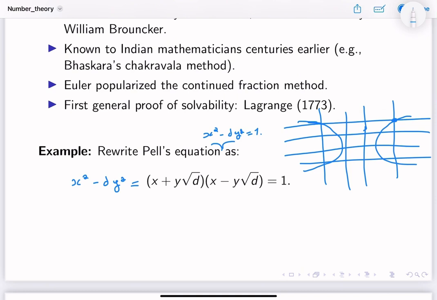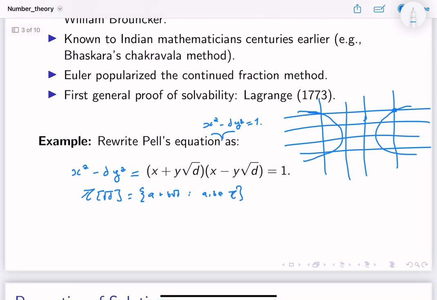And once we make this observation, we see that what we're really asking for here is, if you look at the ring Z[square root of d], the set of elements a plus b square root of d for a and b in Z, we can actually define a norm here.